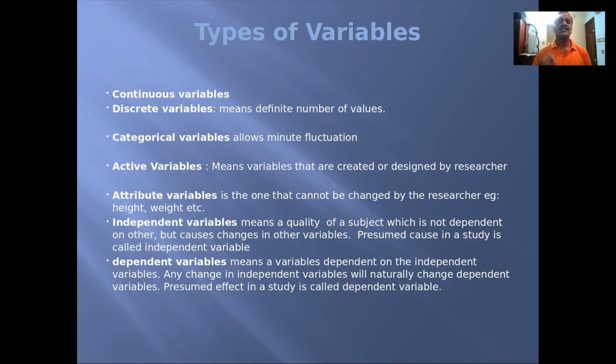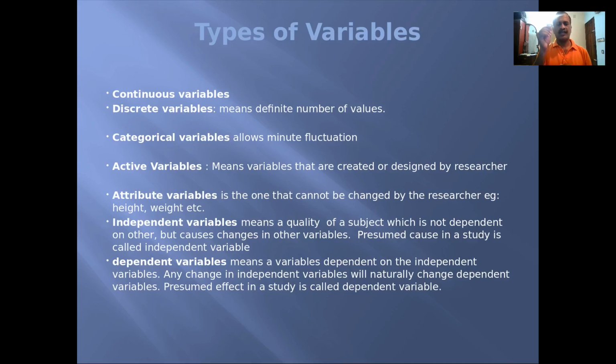Now what is a discrete variable? Discrete variable means there is a definite number of values. For example, if I'm asking one of my friends or a teacher, how many children do you have?